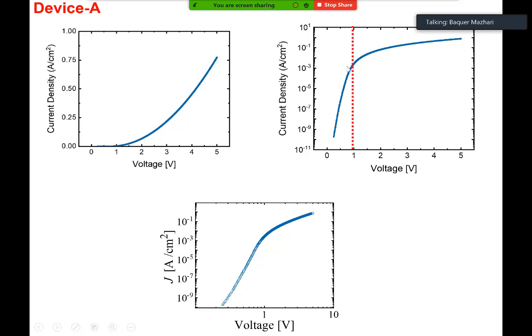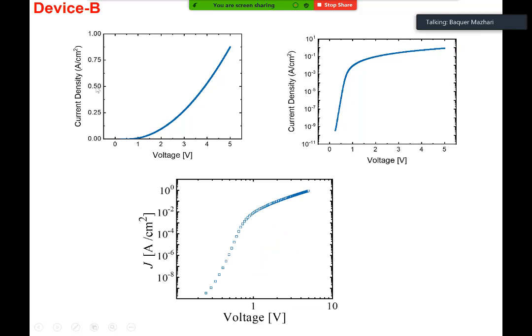And this log plot we commonly use to see whether we have a power law behavior, whether traps exist in our device or not. So let's say this is device A. These are the conventional ways in which we try to understand through these linear and log plots. Now let me show you a device B also.